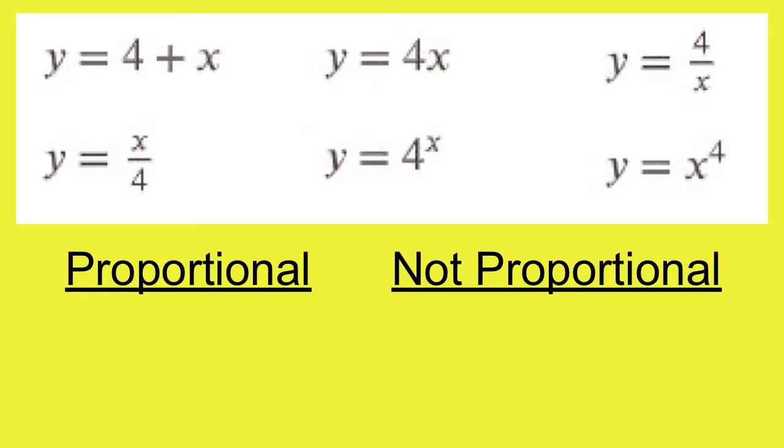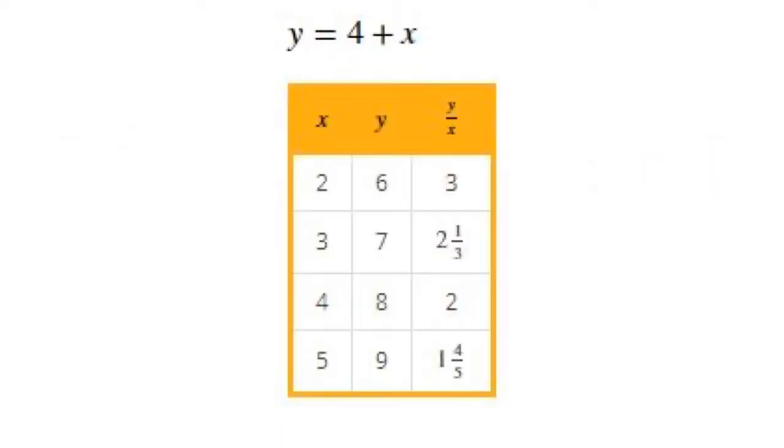So here are some equations, and based off of what you've seen previously, I want to see if you can figure out if they're proportional or non-proportional. Is y equals 4 plus x proportional or non-proportional? You can look at the equation or you can look at the table to help you.